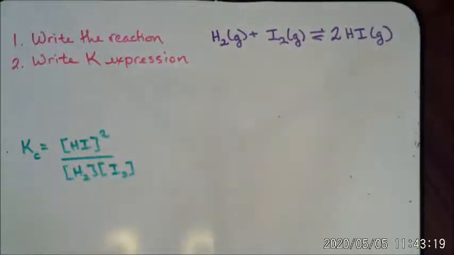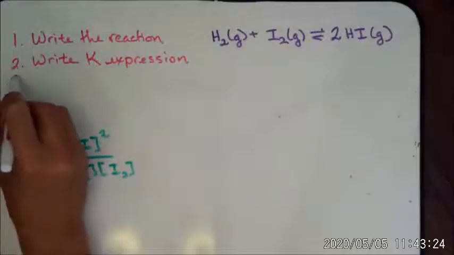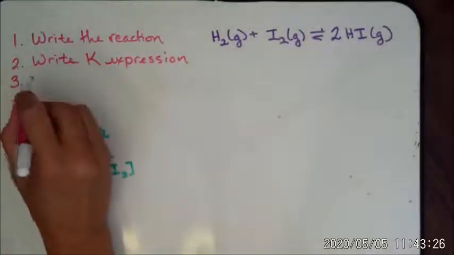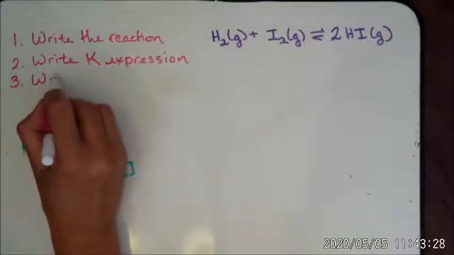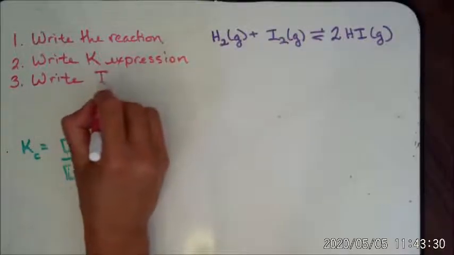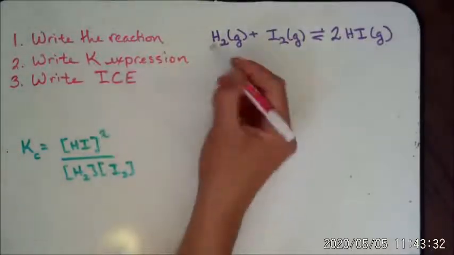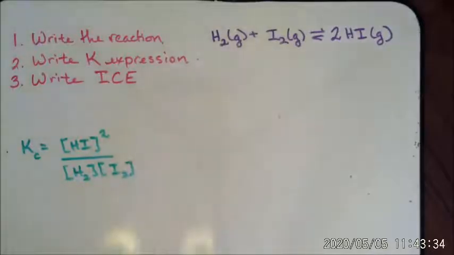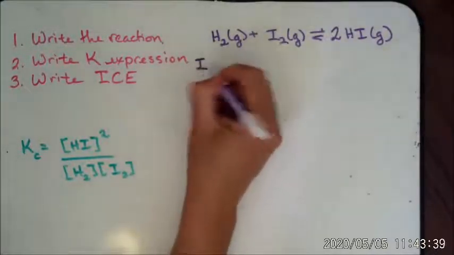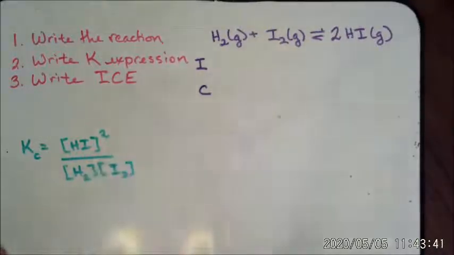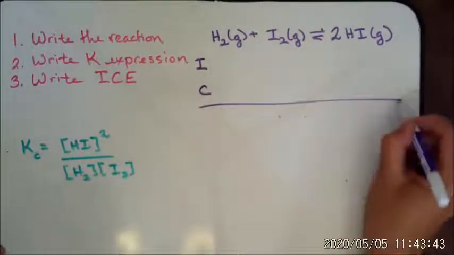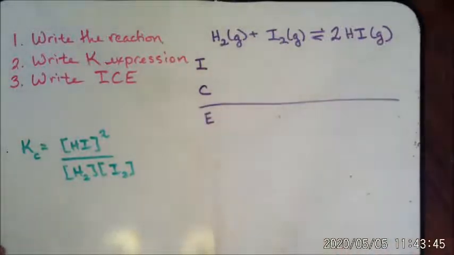Step 3, you're going to write your ICE table. You're not going to fill it in yet, so write the ICE table. Just get that all organized. So, my initial conditions, the change, and then my equilibrium values.